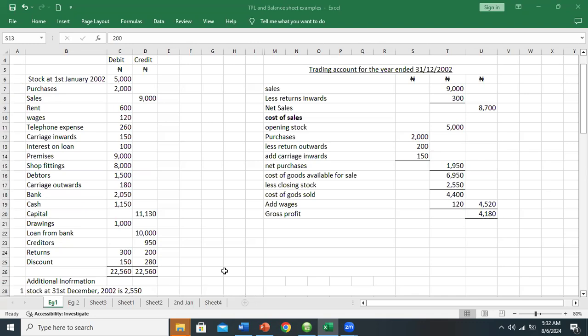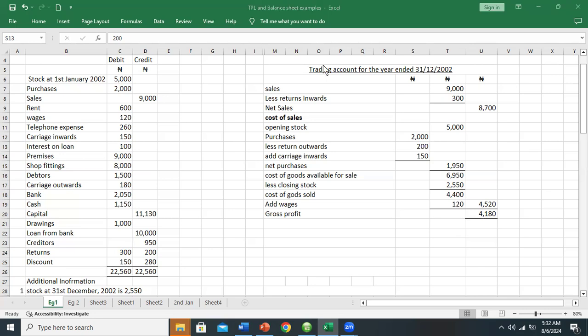So check your figures and let's see where you had a different figure. Frank has been able to determine that he didn't less the return outwards. Okay, so check it and then fish out the error.